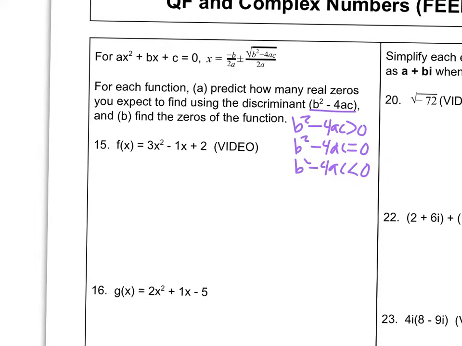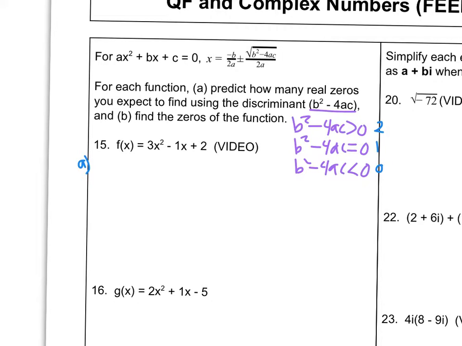And when we had these, the top one gave us 2 zeros. If it's equal to 0, we have 1 zero. And if it's less than 0, we have none. It also does a nice part of the calculation for quadratic formula ahead of time, so we can use that to help us with the problem as well.